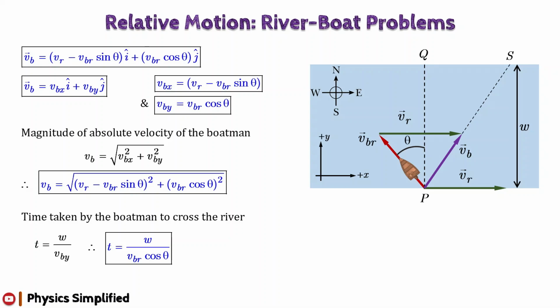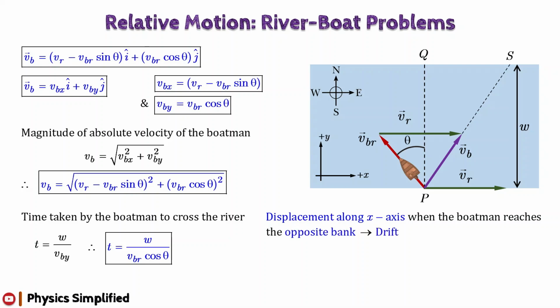So, we find that there is displacement of the boatman along the x-axis, that is, downstream, when he reaches the opposite bank of the river. This displacement is called drift of the boatman and is denoted by x. Considering the motion of the boatman along x-axis, the drift is given by x equal to v suffix bx times t.